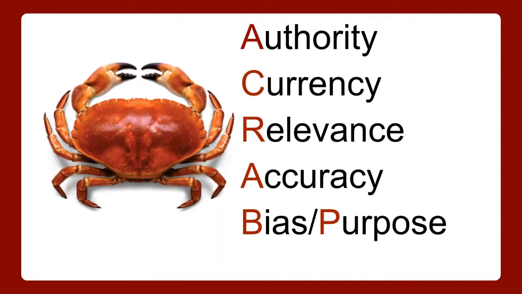Remember, as you're looking, to also focus on finding resources that meet the ACRAB criteria. We talked about this quite a bit in 6th grade, and hopefully your teachers reinforced it in 7th grade. But what you're looking for are experts who are writing about the topic, current information, relevant information. So you're not looking for people's opinions.